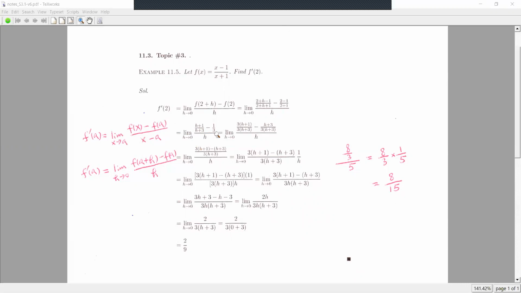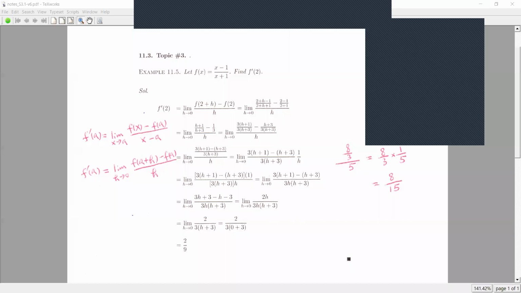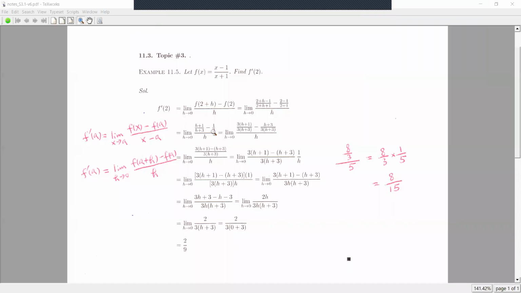Now, to find this limit, plug in 0 in h. But then we have 0/0. We cannot tell what 0/0 is. So to find this limit, we need to simplify this function. Because the numerator is a fraction minus a fraction, I want to use a common denominator.